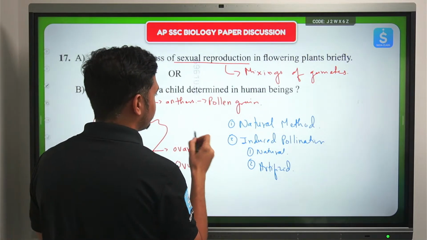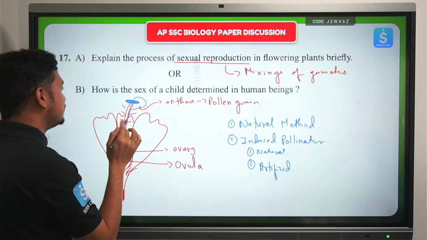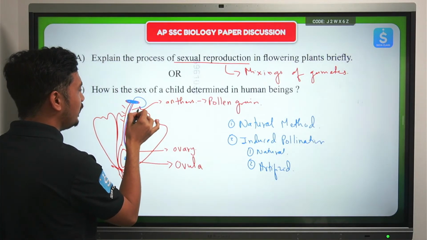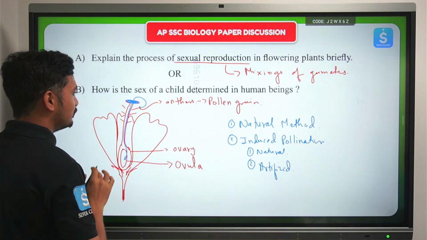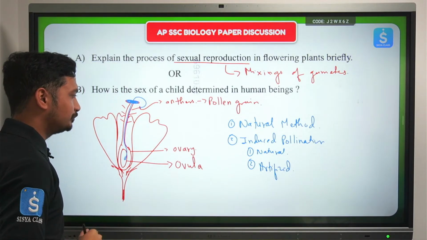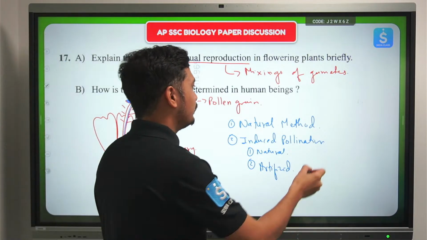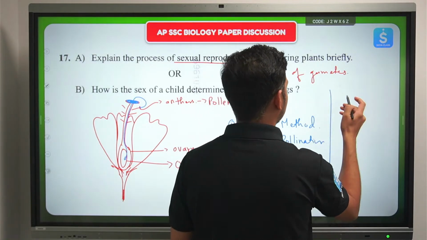So step one is pollination, which means making this pollen grain move from its anther to the stigma. Then the second step will be germination.